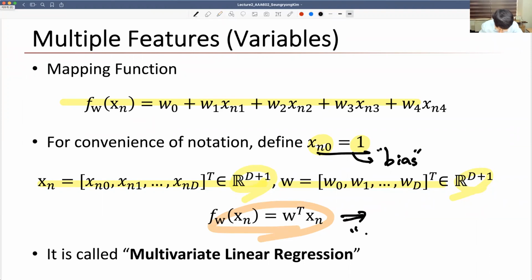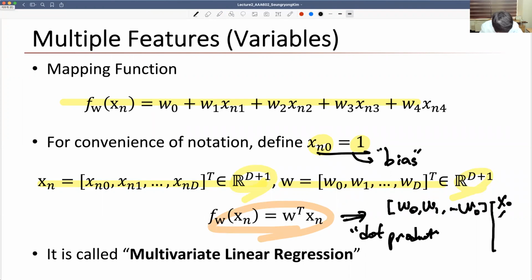This is the dot product, right? The vector W, W0, W1, up to WT, times X0, X1, up to XT, right? So this is the vector notation of this mapping function. From here, we can call this a multivariable linear regression problem.